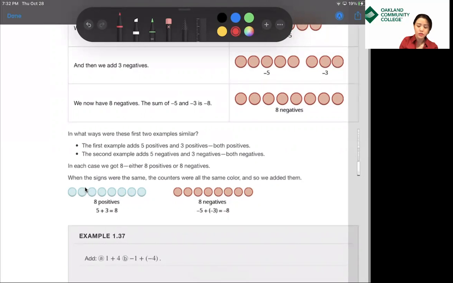Let's do an example. I have 1 plus 4 here. So I have 1 blue ball plus another 4 blue balls, which is a total of 5, right? So 1 plus 4 is equal to 5.